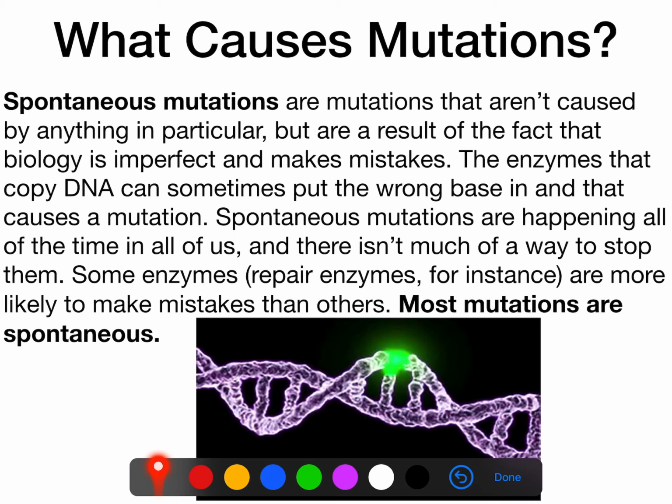The other category is spontaneous mutations. And spontaneous mutations aren't caused by anything. That's what makes them spontaneous. Every time your cells divide, and your cells do a lot of dividing, mistakes can be made because biology is sloppy, right?